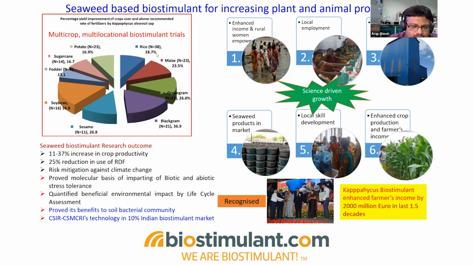Then we also did a lot of experiments wherein risk mitigation against climate change was assessed, and we found that the use of the biostimulants, particularly the Kappaphycus alvarezii biostimulant, imparted biotic and abiotic stress tolerance. I will come to the details in the future slides.